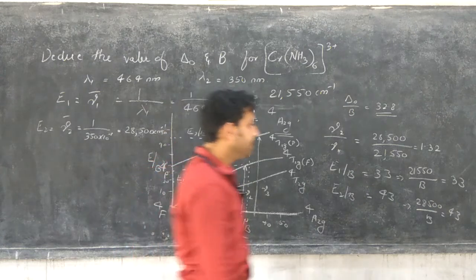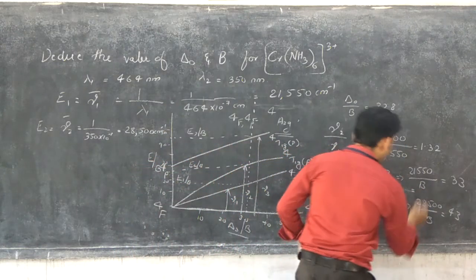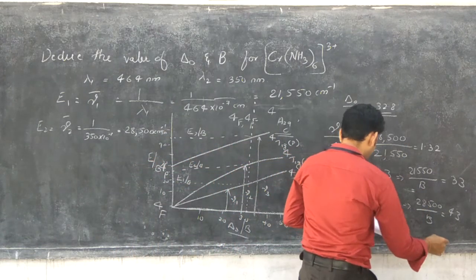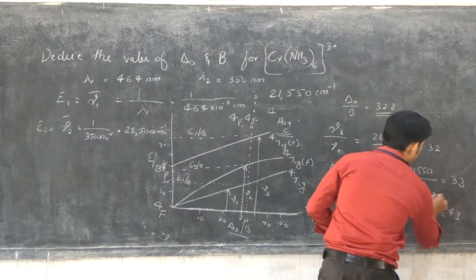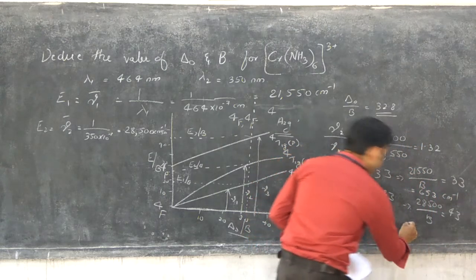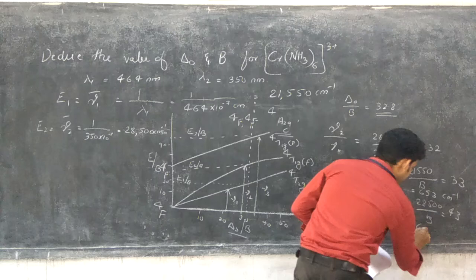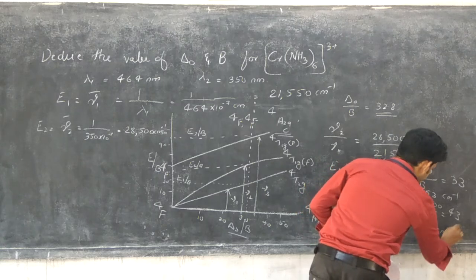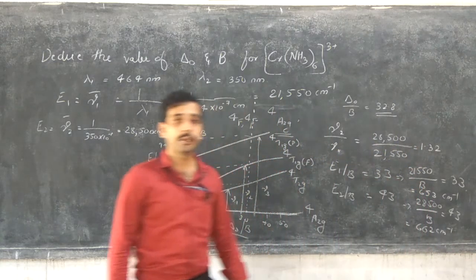At first, the B value is 653 per centimeter, and in the second case it's 662 per centimeter.